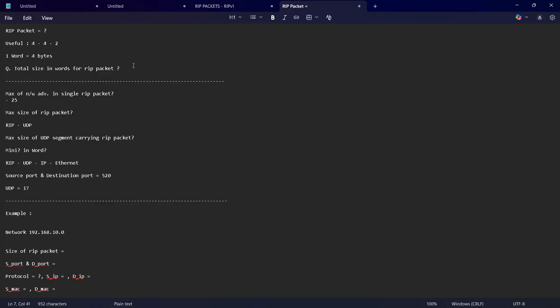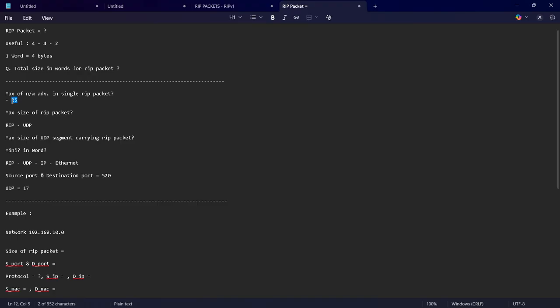Now the next thing is the maximum number of networks we can advertise in a single RIP packet is, the value is 25, right? Now if I ask you the maximum size of the RIP packet that we can advertise, and the size of it in bytes, what it would be. So for it, what we will do is 25 is the maximum number of networks we can advertise in a single packet.